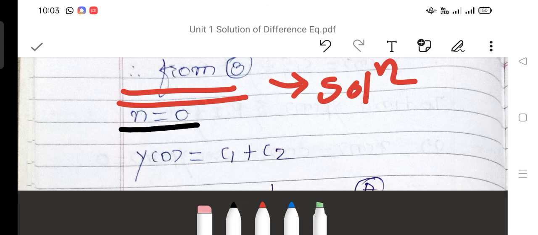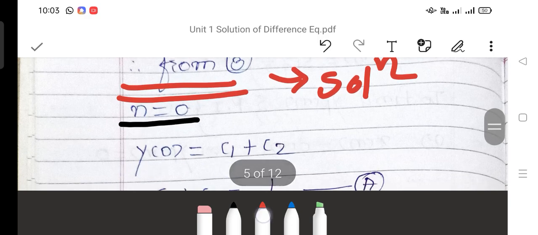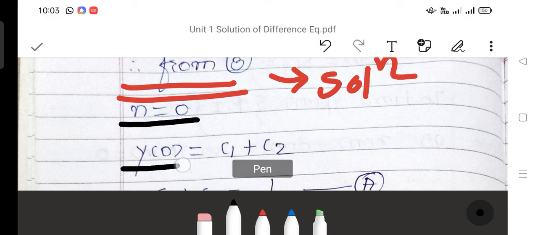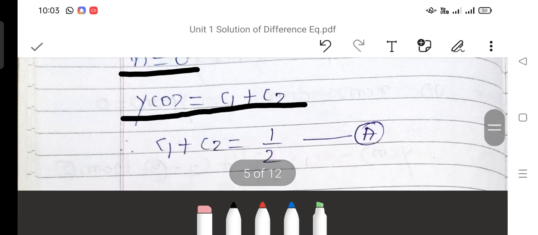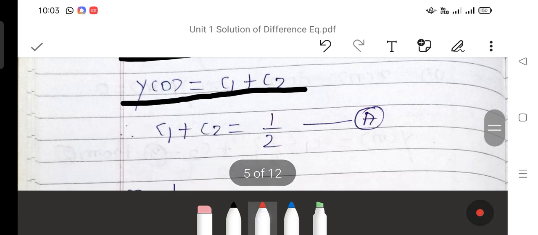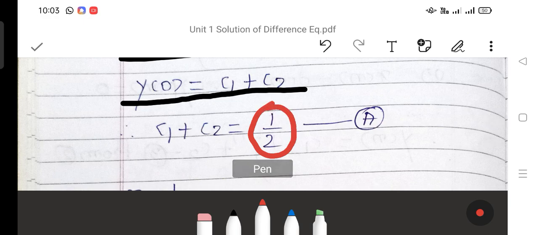When we put n equals 0 in 3, we get y of 0 equals c1 plus c2, and y of 0 is 1 by 2. So c1 plus c2 is 1 by 2.